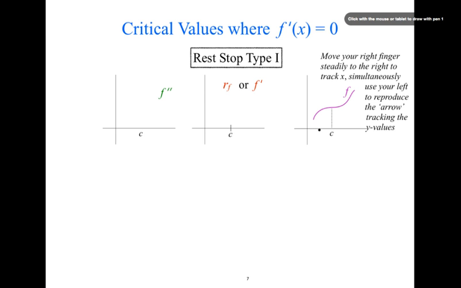As the x value increases, what would the y value do according to this graph? The choices are increasing, pause, decreasing. Those are the three choices. So as x increases, what is y doing for what we call a rest stop type 1?